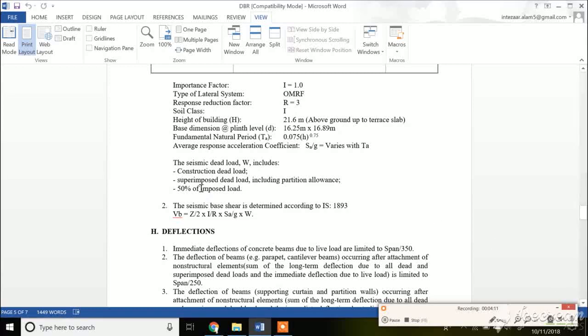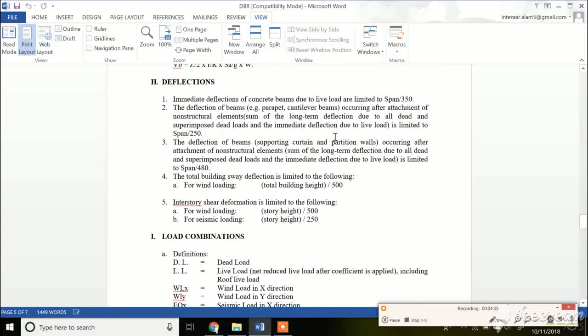IS 1893 suggests 50% of imposed load and 25% of imposed load as per the codal provision. In our case it is 50%, but I'll explain both where 50% is required and where 25% is required. This is the formula for base shear calculation based on IS 1893.